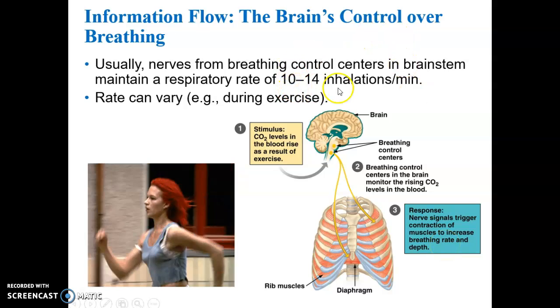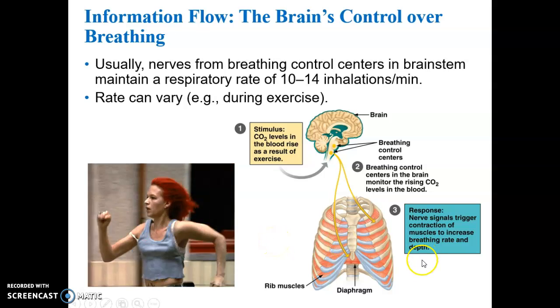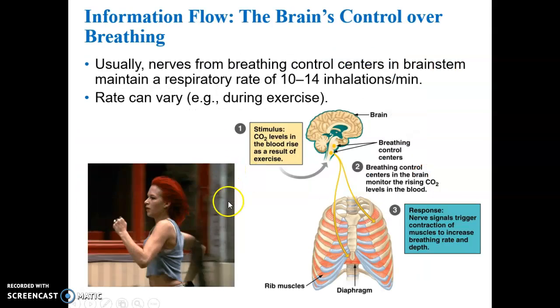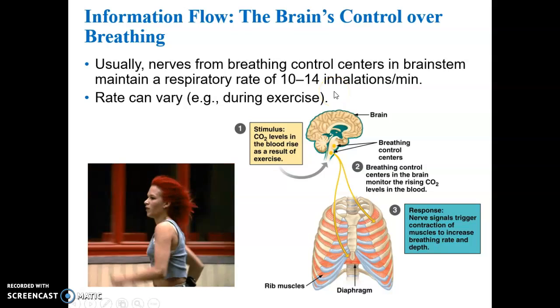How many breaths per minute will go up, and the depth of breathing, pulling in more oxygen and exhaling out more carbon dioxide with each breath. Then once you stop and you relax, the breathing rate will continue elevated for a while, but then it'll start to slow down and get back to the resting breathing rate or respiratory rate.